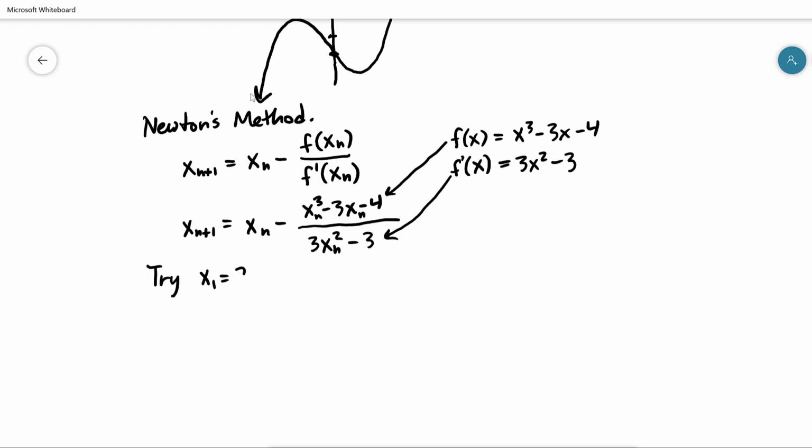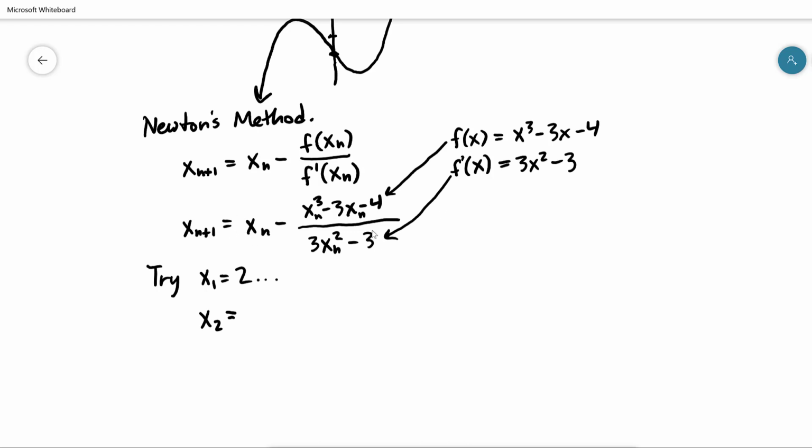If we try x1 equals 2 as our starting point, what we would get is we would actually plug this number in to get the following. x2 is going to be equal to, looking at our formula here, so in our case n is 1 and n plus 1 is 2. So I'm going to use x1 to predict x2. That's all I'm doing.